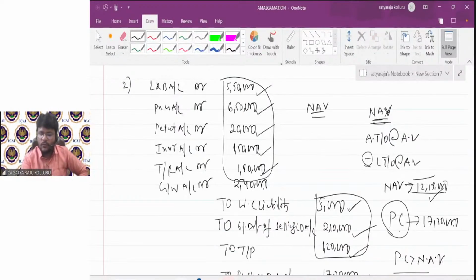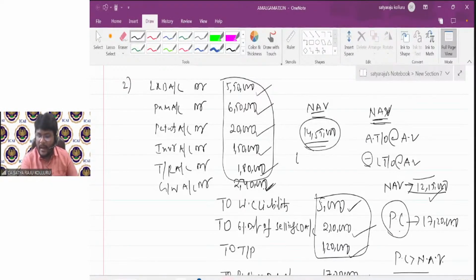If you consider this 2,40,000 also, then how much is the NAV? It's 14,55,000. Okay, fine. Am I right? Absolutely correct, right?